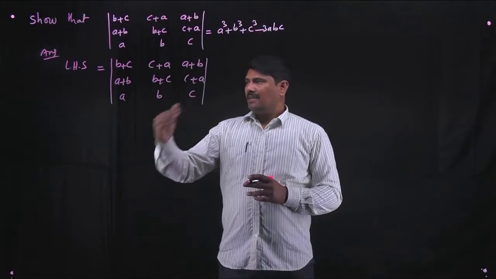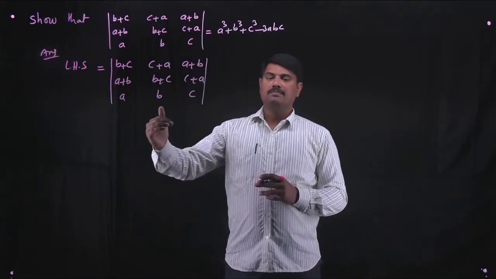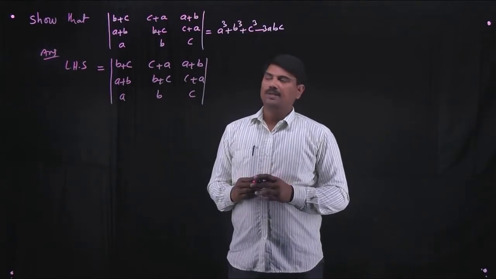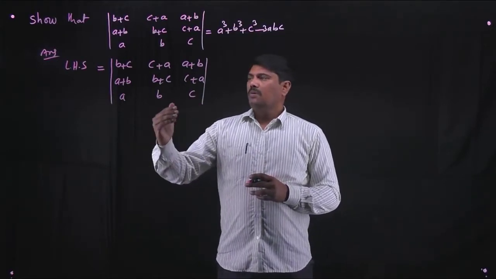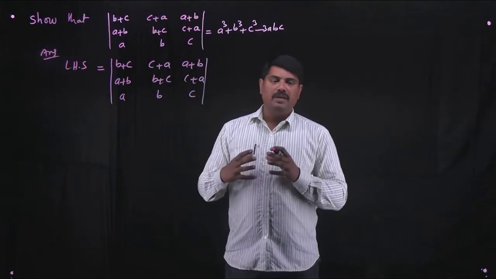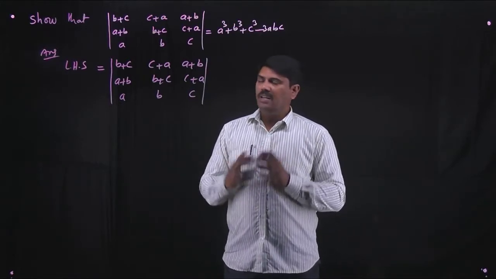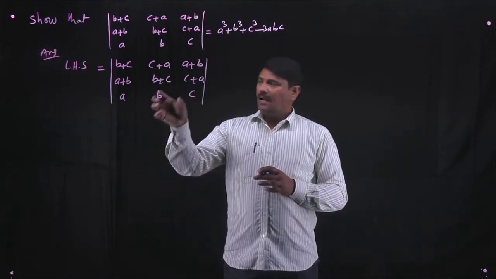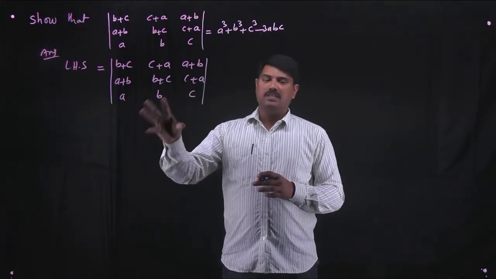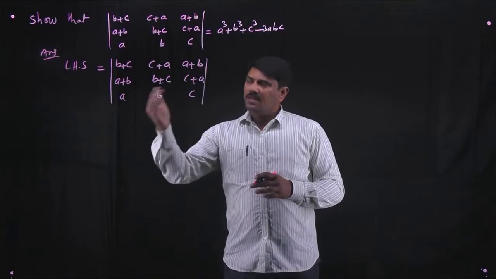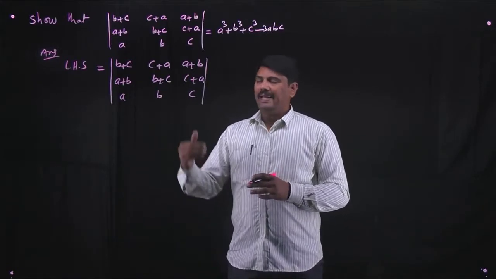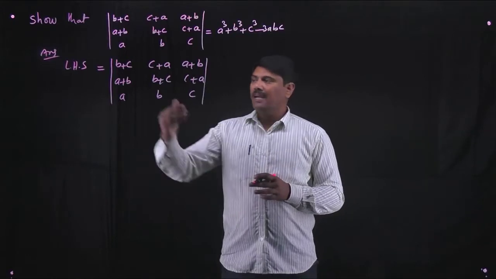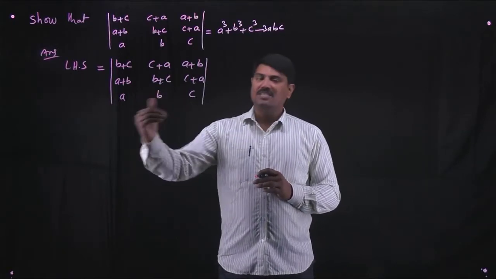But expansion from this stage will lead to a lot of calculation. If you implement the properties which we already learned on this determinant and simplify it, then expansion of the determinant will become much easier than expansion from this step.